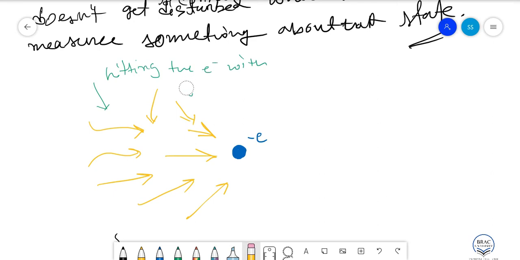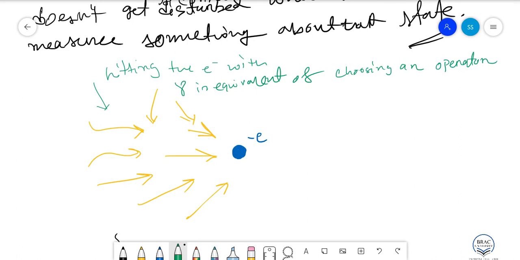choosing an operator that will correspond to some measurement.